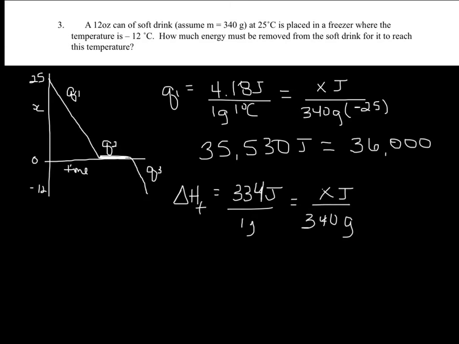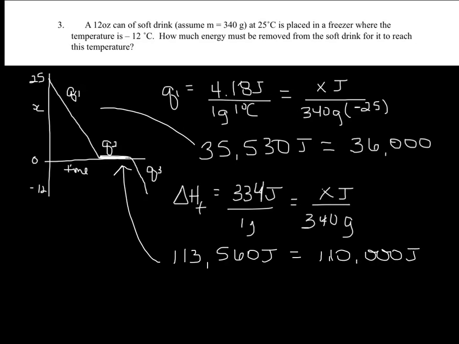And I get 113,560 joules, which with the correct sig figs is 110,000 joules. So this right here is corresponding to Q2, this is corresponding to Q1, and I need to go to the next slide in order to calculate Q3.